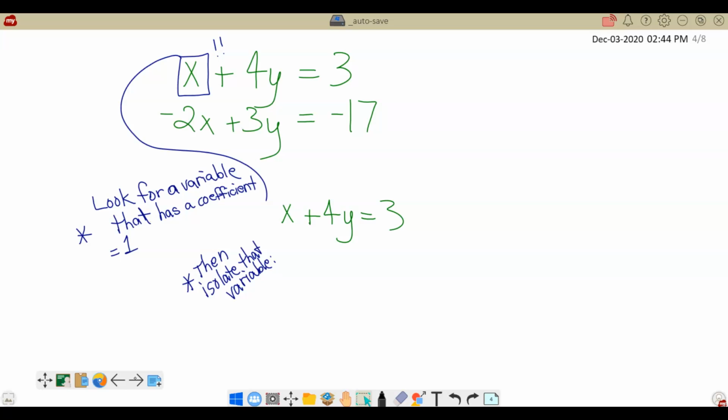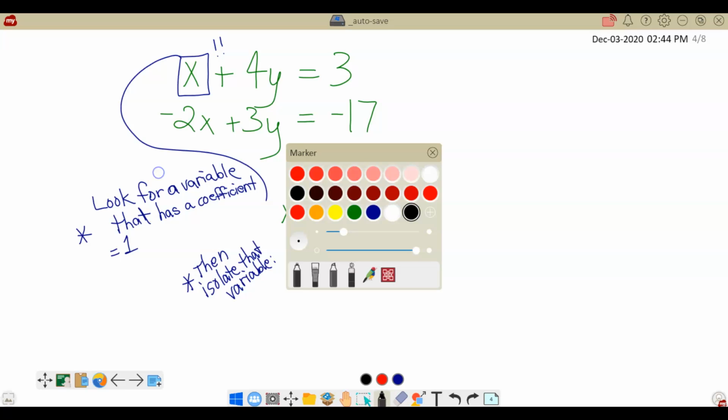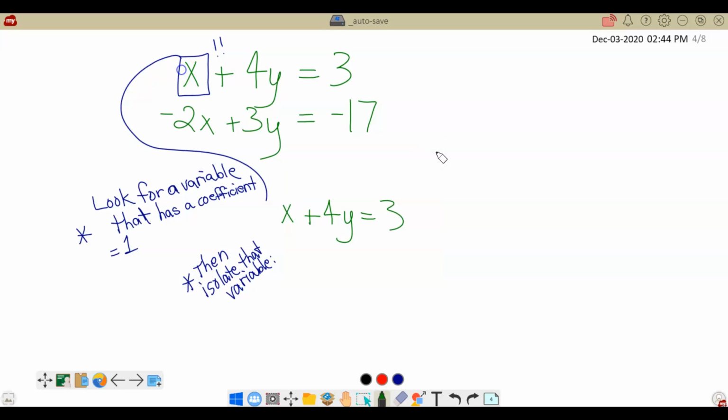You need to look for a variable that has a coefficient of 1. Here we have one right here. That's why I drew the blue box around it. So then you want to isolate that variable, and I've got space right here to do just that.